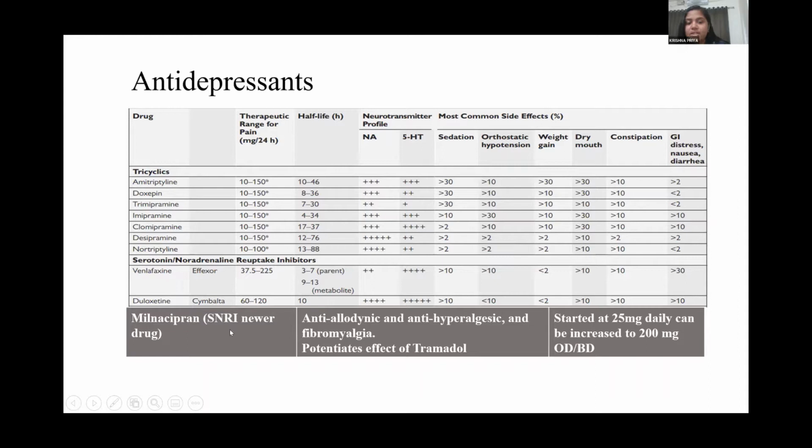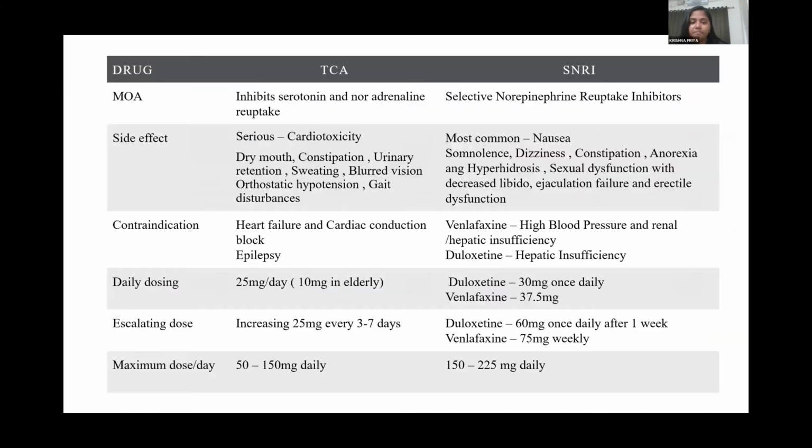Another newer SNRI is milnacipran, which has anti-allodynic and anti-hyperalgesic properties and is used in fibromyalgia, and it also potentiates the effect of tramadol. The starting dose is 25 milligrams daily and can be increased up to 200 milligrams OD or BD.